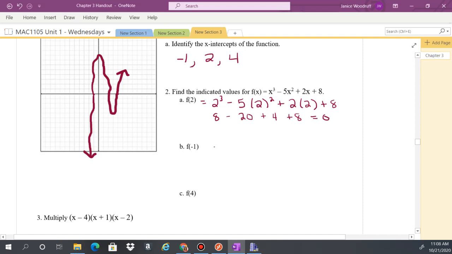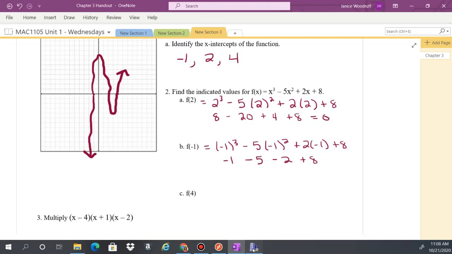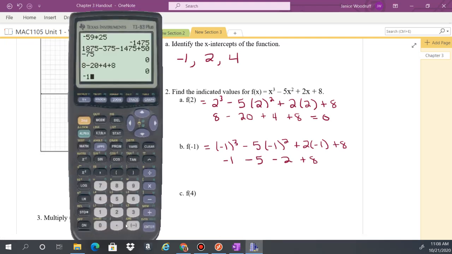Okay, let's do that with -1. -1 cubed minus 5 times -1 squared plus 2 times -1 plus 8. -1 cubed, -1. This is going to be +1, so minus 5. 2 times -1, minus 2, plus 8. -1, minus 5, minus 2, plus 8, 0.